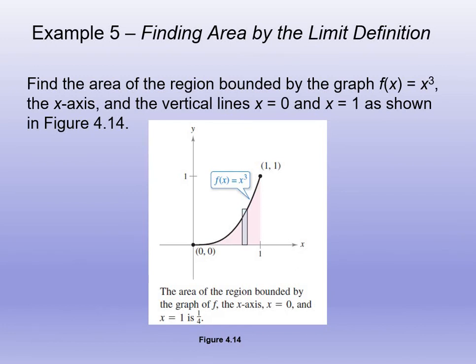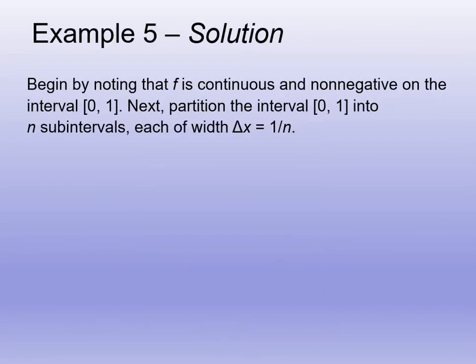So what we're going to do is our approximation. It's very important that x equals 0, x equals 1, and the x-axis are our boundaries. Later on, this will make more sense when we get into integrals. So we have to see that f is continuous on the interval 0 to 1. We're going to partition the interval from 0 to 1 into n subintervals.